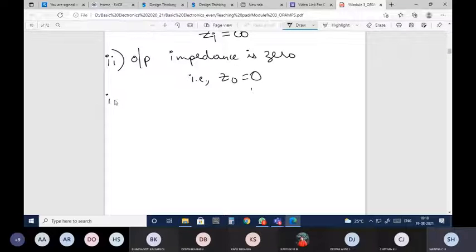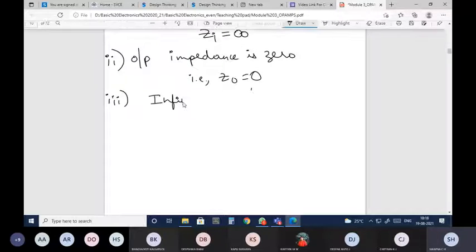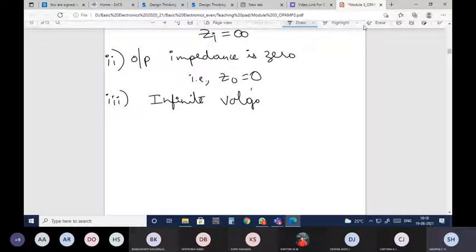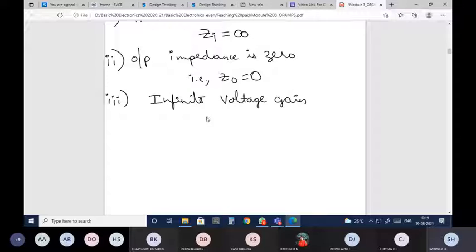The third one, infinite voltage gain. Infinite voltage gain, AD should be equal to infinite.